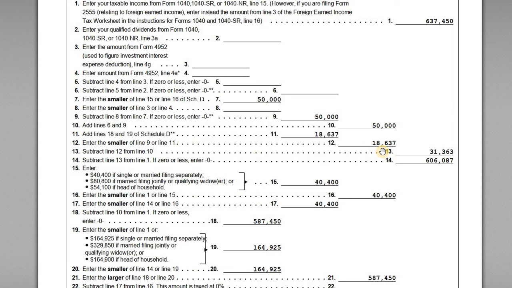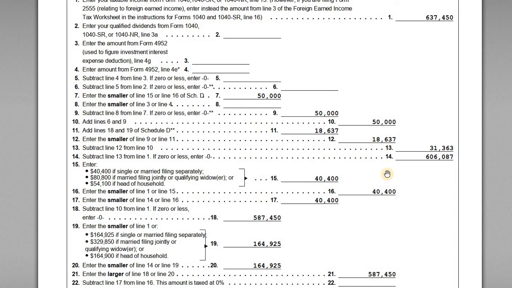The unrecaptured portion is $18,637, and so the net amount that's being pulled out of there is that pure long-term piece, right? The $31,363. That is the portion of the 1231 gain that is truly just going to be long-term capital gain, okay? Now, the unrecaptured 1250 piece, the 18,637, that's the portion that remains in his ordinary income, right?